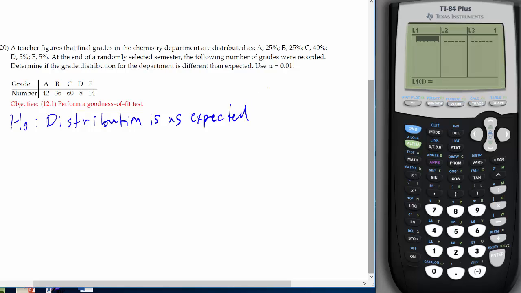And you can list this distribution, or you can just say the distribution is as expected or as listed above. The alternative hypothesis is the distribution is not as expected.